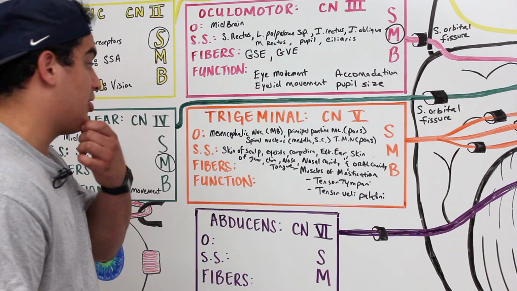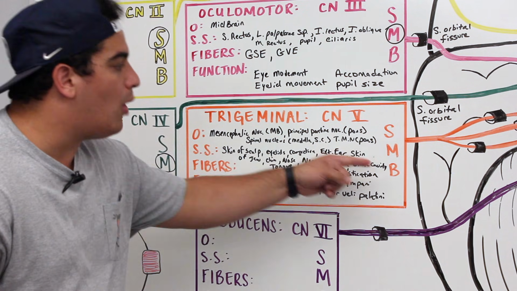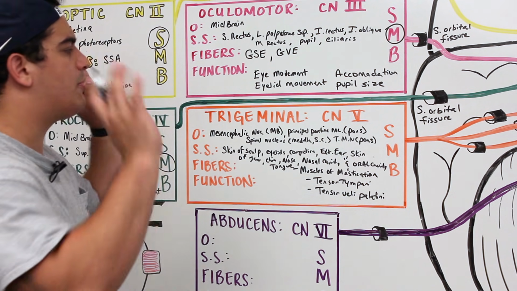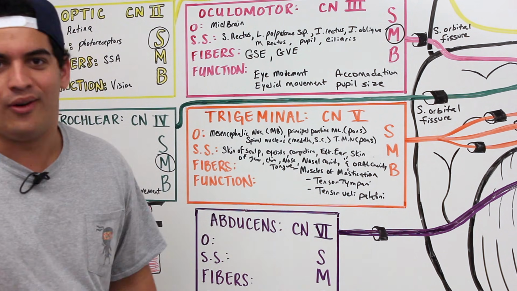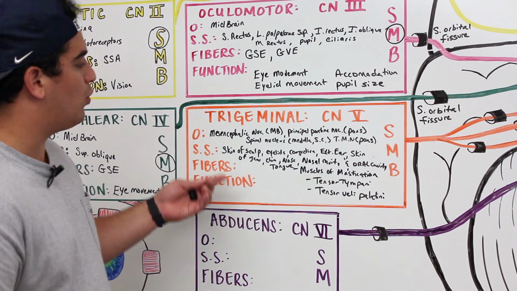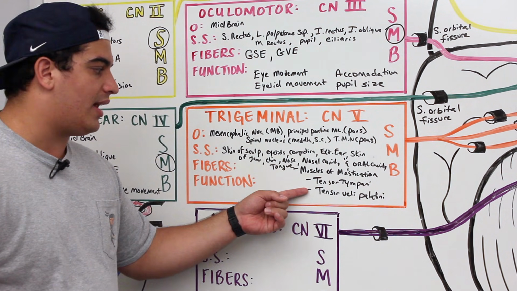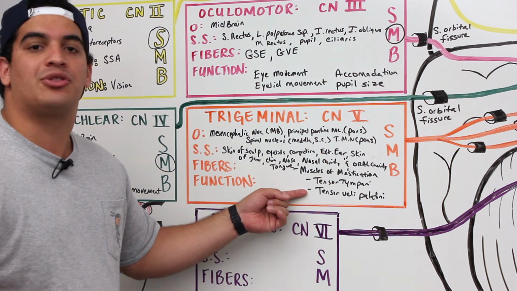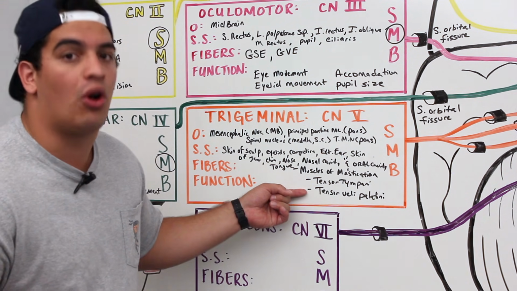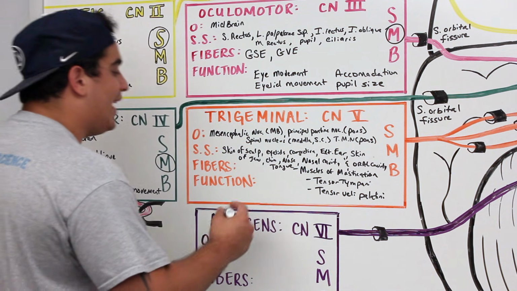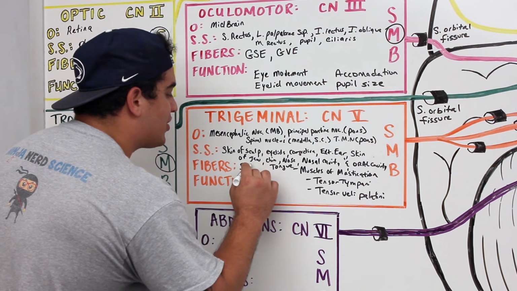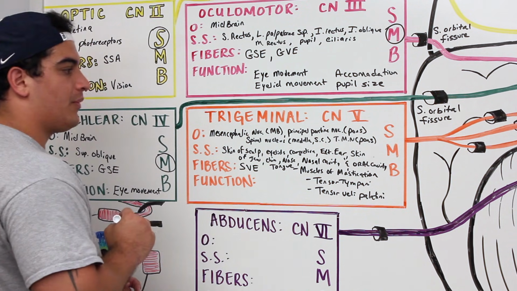Now, what are the fibers? Since it supplies motor fibers, you would think, oh, it's probably just the GSE. No. Unfortunately, the muscles that this nerve serves, the muscles of mastication, tensor tympani, tensor veli palatini, were derived from what's called the first pharyngeal arch. Because of that, it's going to contain special visceral efferent fibers.